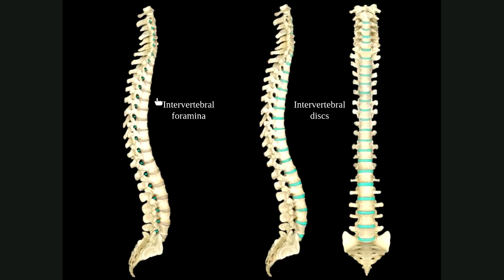So you can see here how we've stacked all these vertebrae on top of one another. And we have these circular passageways here. Those are the intervertebral foramen, and this little green structure here is supposed to be the spinal nerve coming out. So that spinal nerve comes out of the spine.